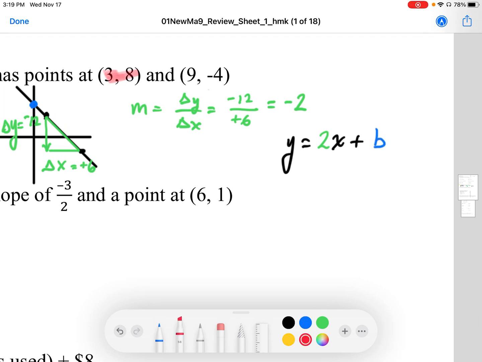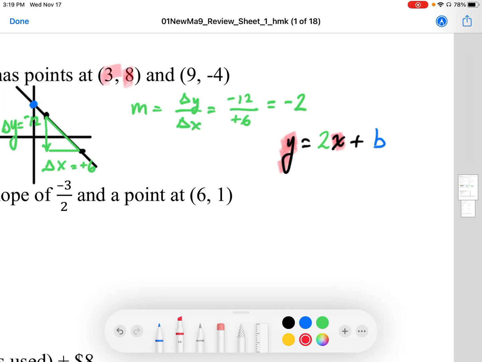Any xy pair, like I have here or I have here, must fit into the x and y in the equation. It has to, and this is always true. It doesn't matter which x and y pair I use; they both will work.